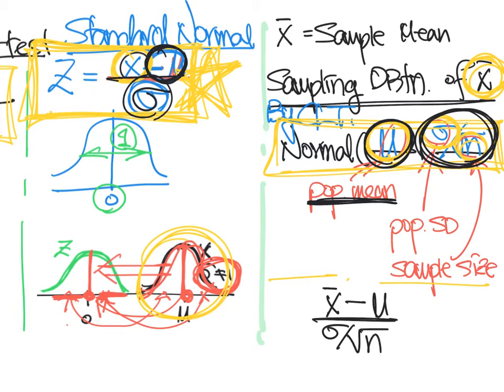So, exactly the same way, we plug in the target sample mean which we want to standardize, take off its mean, and divide it by its standard deviation, to get the z.